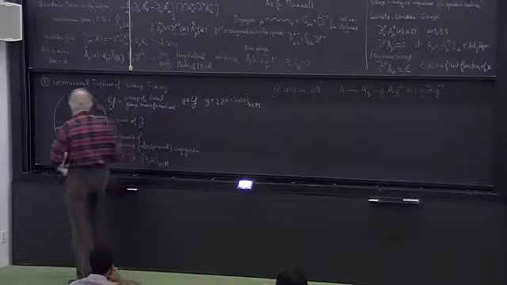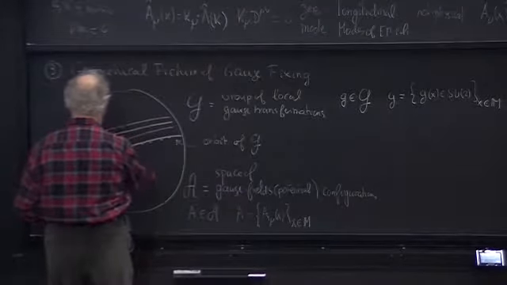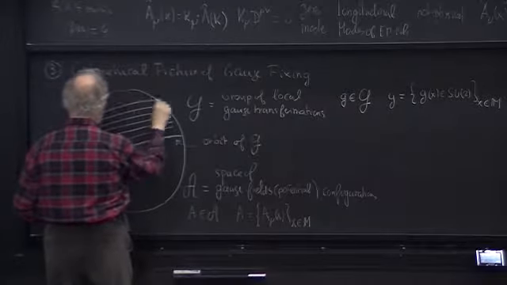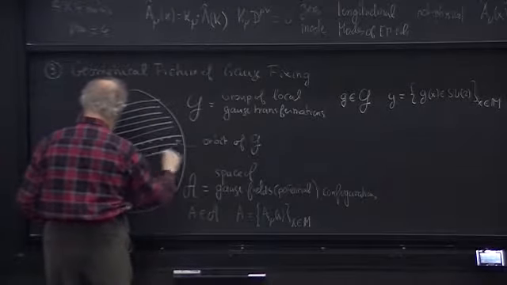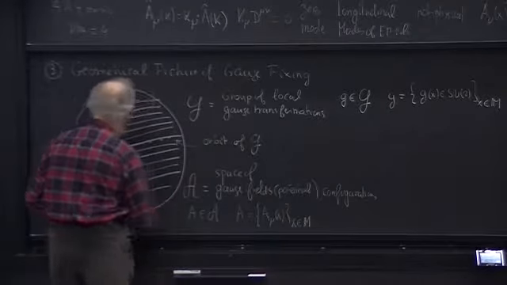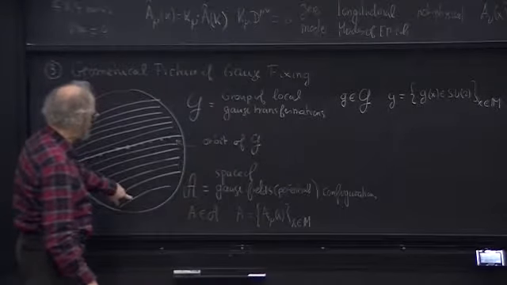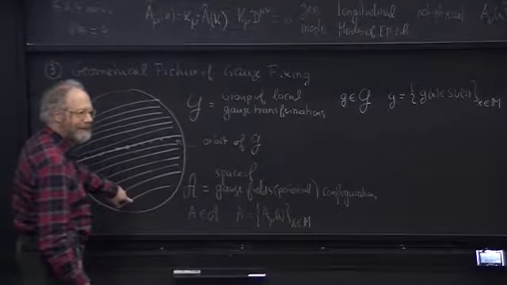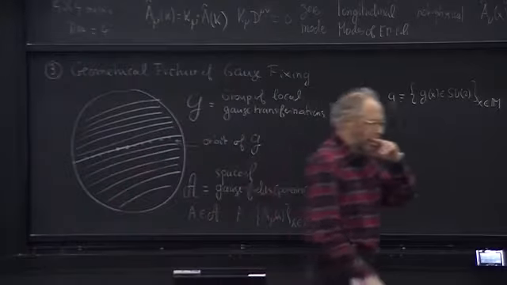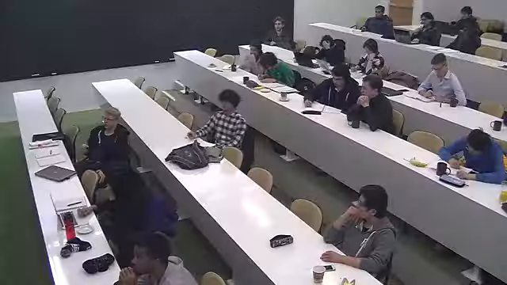Okay. And therefore, your configuration space is a foliation of the whole space by gauge orbits. Yes? You say that one line is a bunch of theories which are equivalent under gauge transformations.